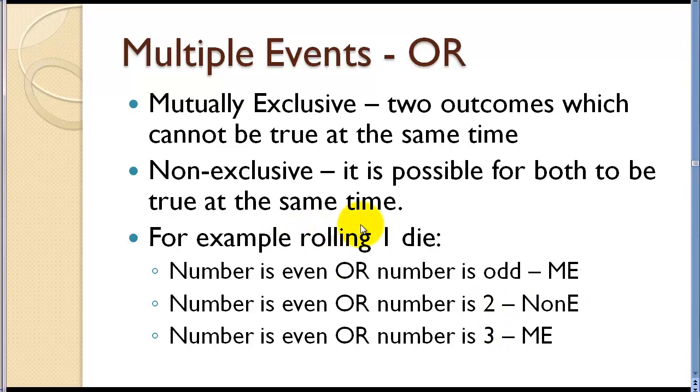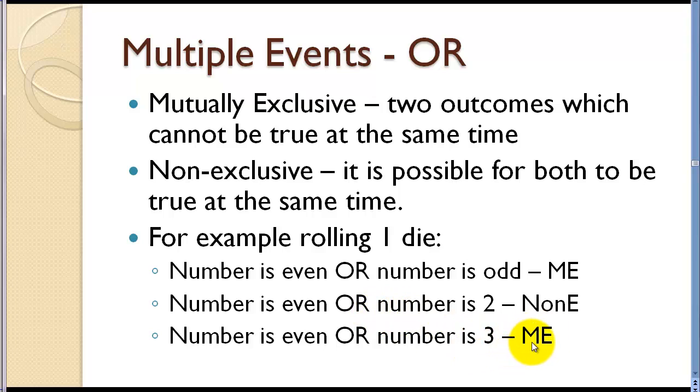For example, if we're rolling a single die, when we're looking at the number being even or the number being odd, those are mutually exclusive. A single number cannot be both even and odd. This situation is an example of not being mutually exclusive, because we win if the number is either even or the number 2, well, 2 is an even number, so in those cases both of these things can happen at the same time.